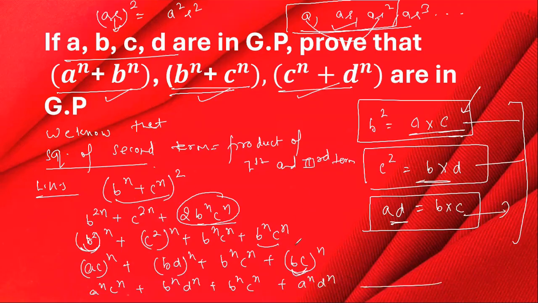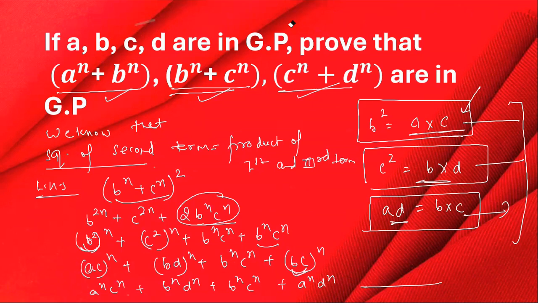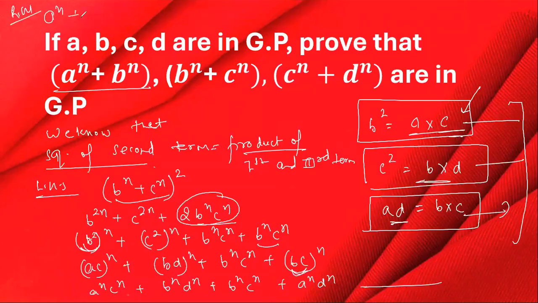Now let's talk about the RHS, which is the product of the first and the third term. Okay, let's do it very carefully. So this is RHS: A to the power n plus B raised to the power n, multiplied by C raised to the power n plus D raised to the power n. When I expand the bracket, A to the power n multiplied with C to the power n gives A to the power n, C to the power n.